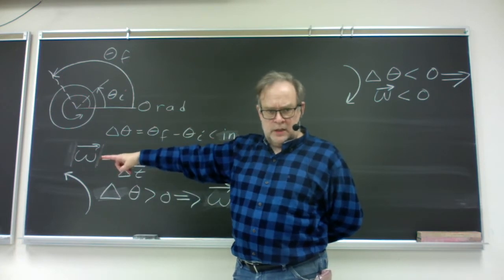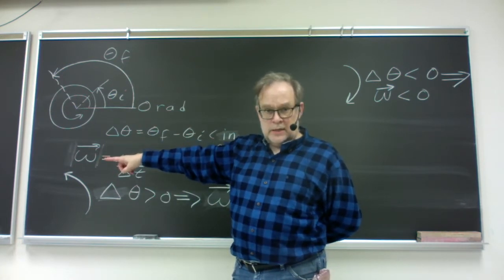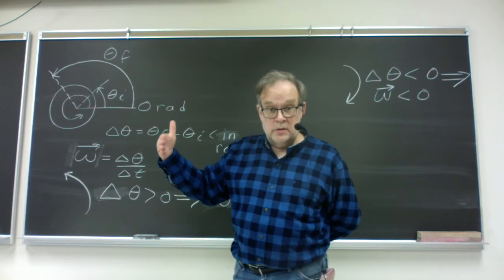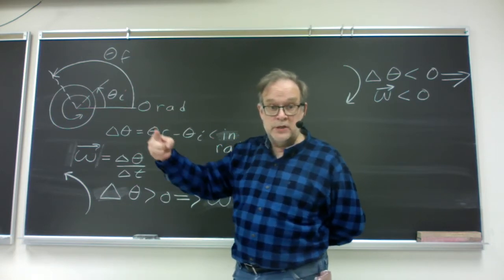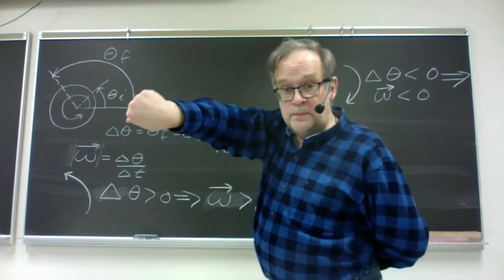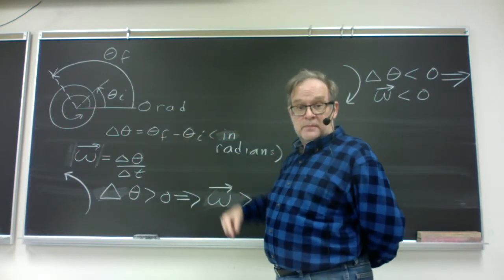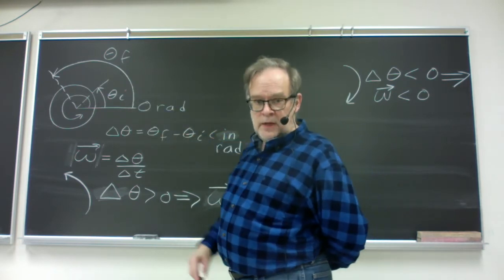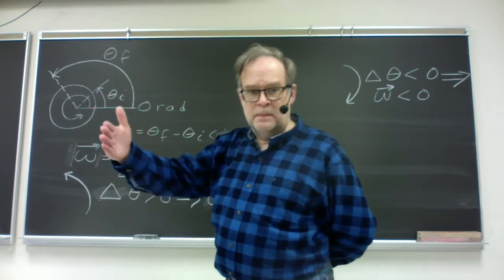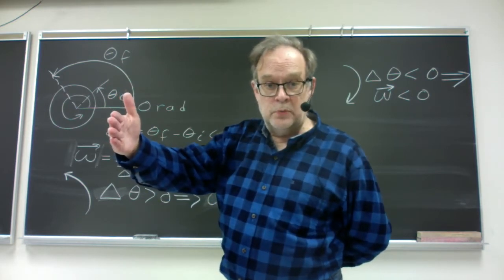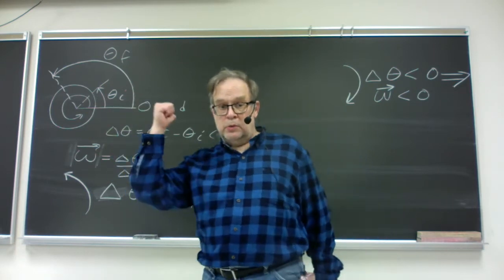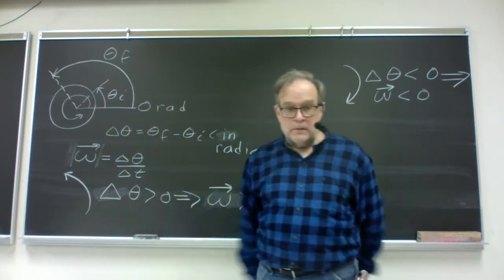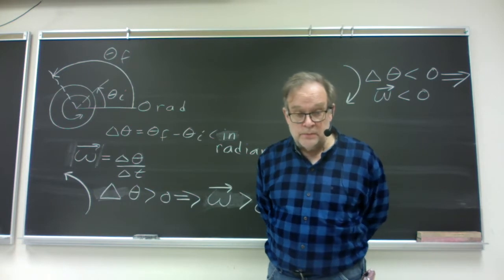We always say that an angular velocity points along the axis of rotation. So it would be just two possibilities, this way or this way. And we'll refer to this way, out of the blackboard or out of the paper pointing towards you, as the positive direction, and into the blackboard, away from you, the negative direction.